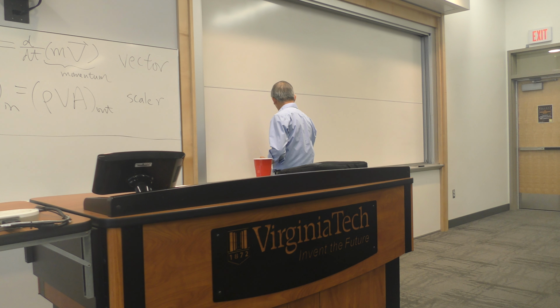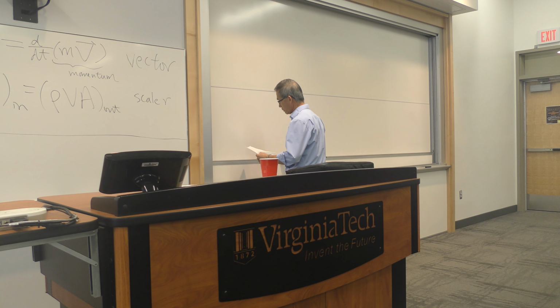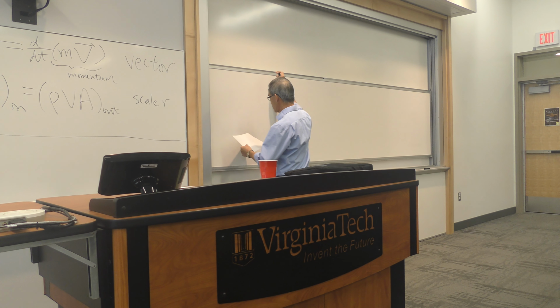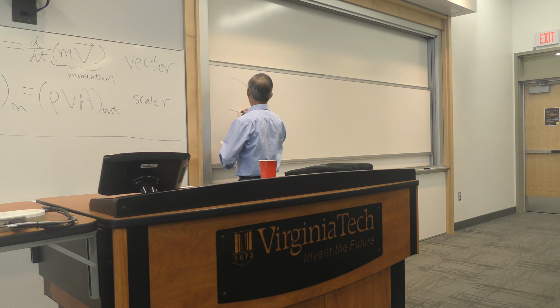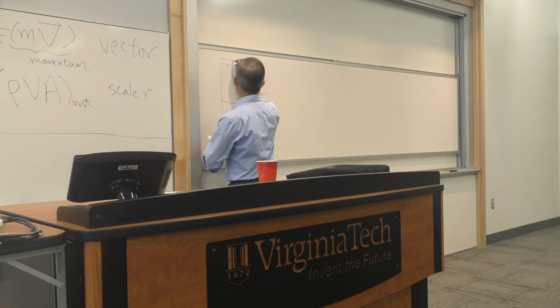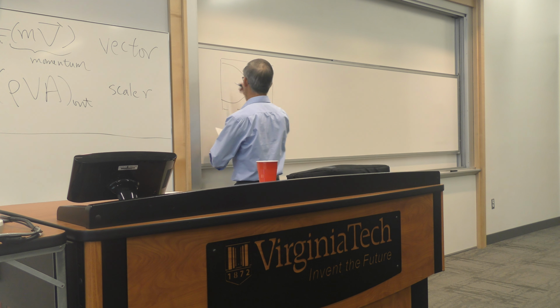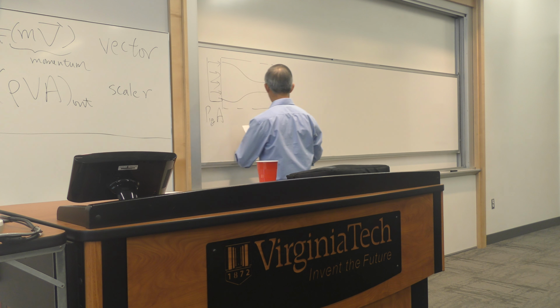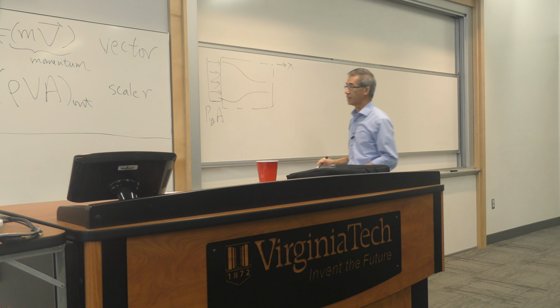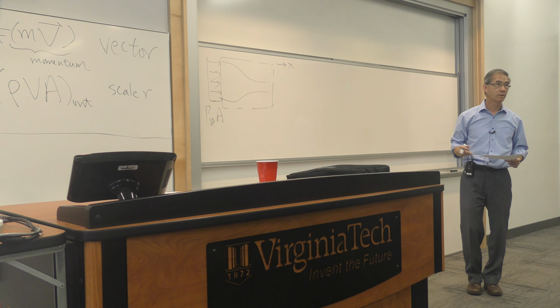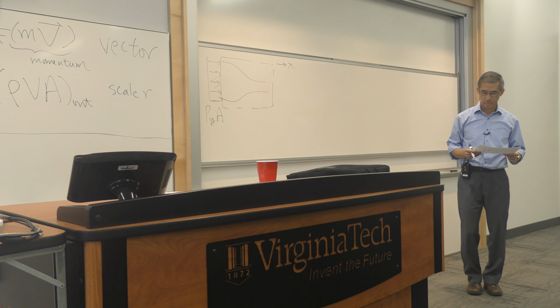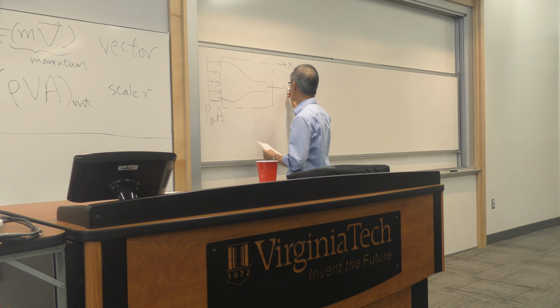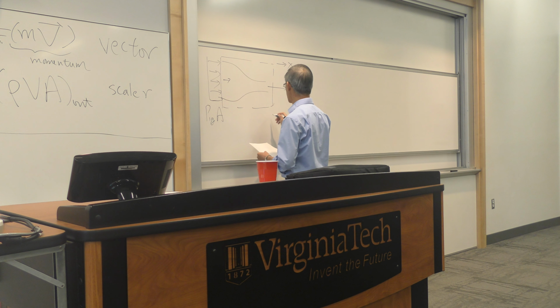For many problems moving forward, you have no idea of the direction of the force. So I'm going to do one more example to convince you that it's not important what you assume. Same control volume, same PA. Now I go back to my plus x, pointing to the right, with one exception now.